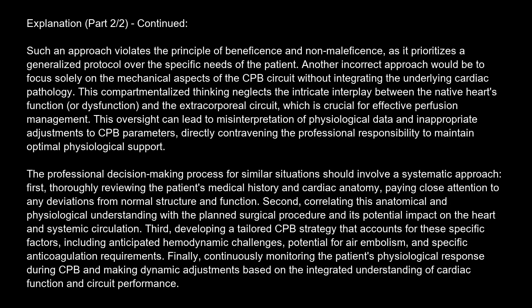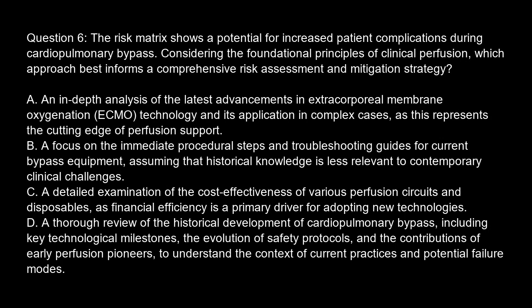Third, developing a tailored CPB strategy that accounts for these specific factors, including anticipated hemodynamic challenges, potential for air embolism, and specific anticoagulation requirements. Finally, continuously monitoring the patient's physiological response during CPB and making dynamic adjustments based on the integrated understanding of cardiac function and circuit performance.